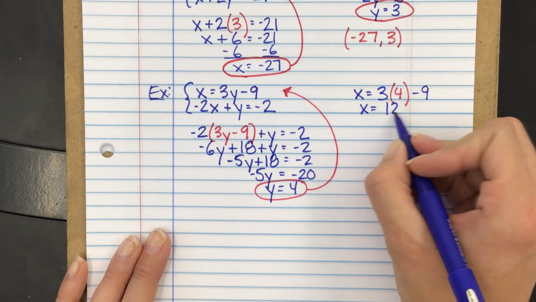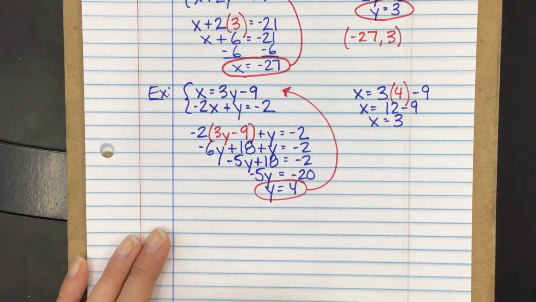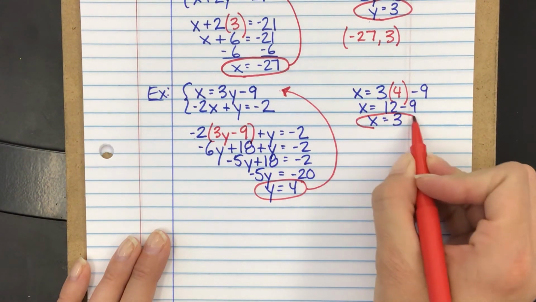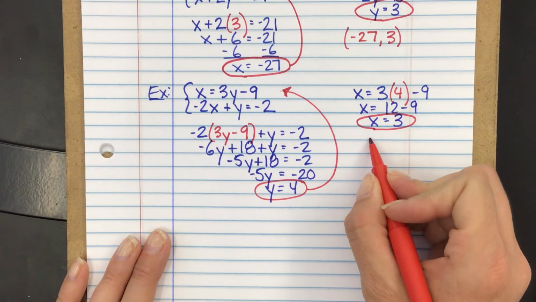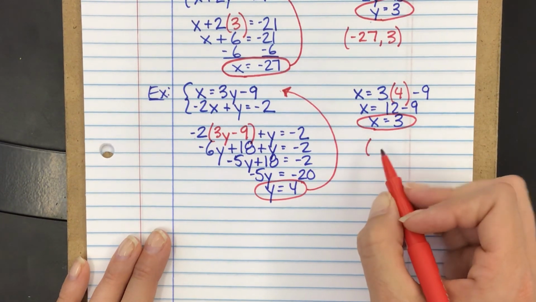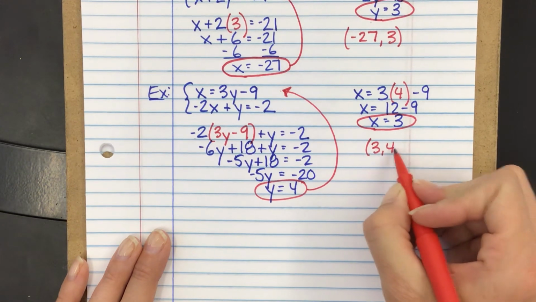So this is 12 minus 9, and I'm getting that x is 3. So my ordered pair then is going to be, when you type it into the answer checker, parentheses 3, comma 4, parentheses.